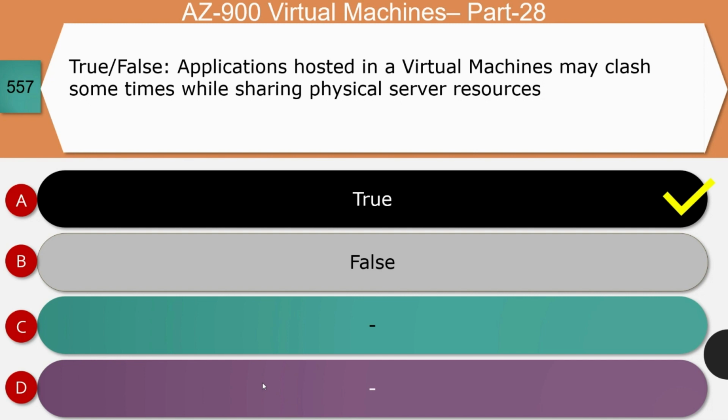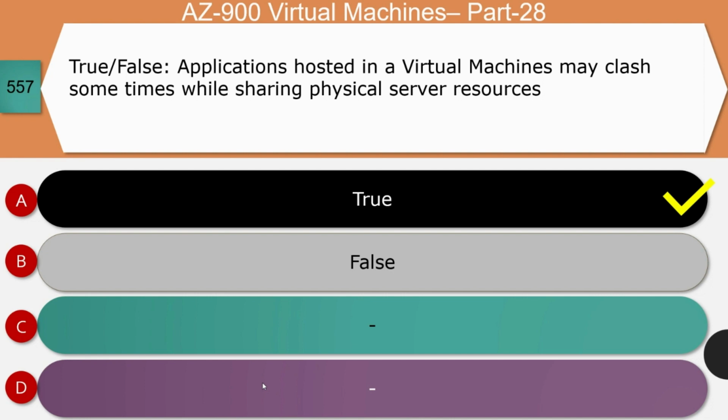Virtual machines share the host server's hardware resources such as CPU, memory, and storage, and if one virtual machine is using a large amount of these resources, it can cause performance issues for other virtual machines running on the same host. This is known as resource contention, and it can occur when multiple virtual machines are running on the same host and competing for the same resources.